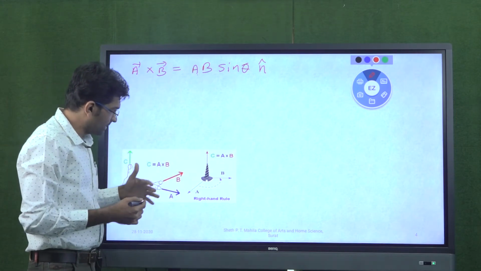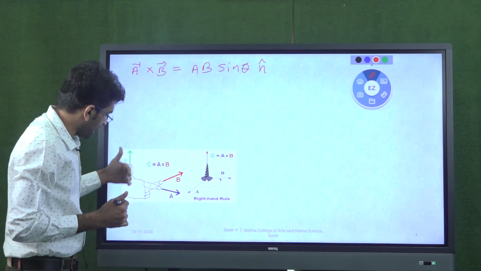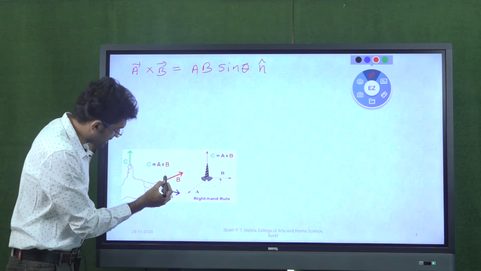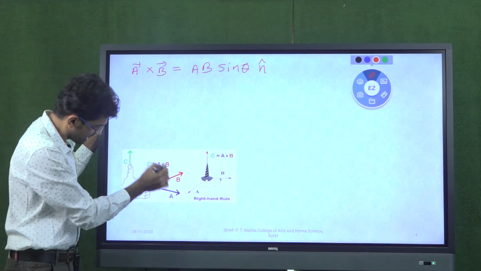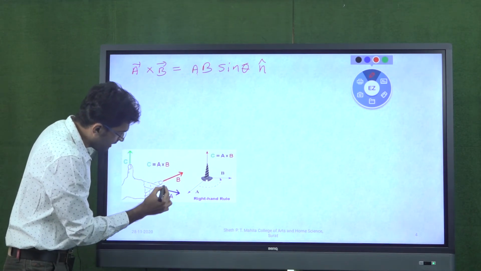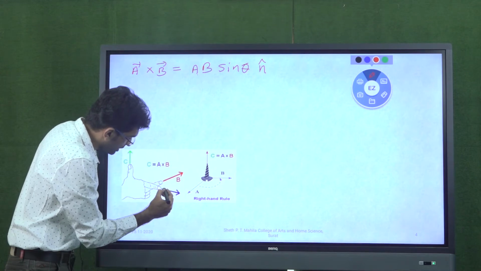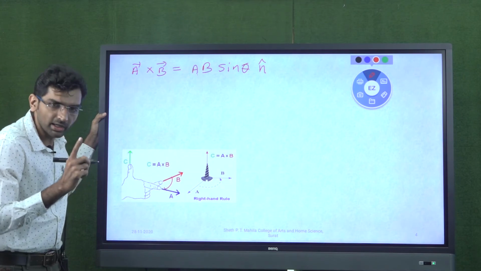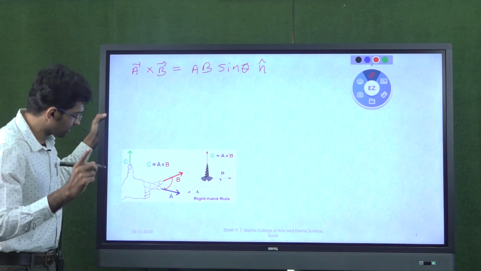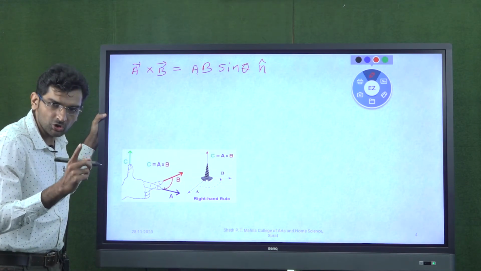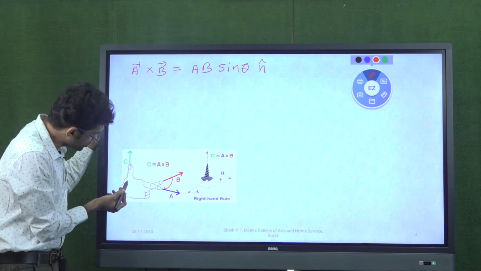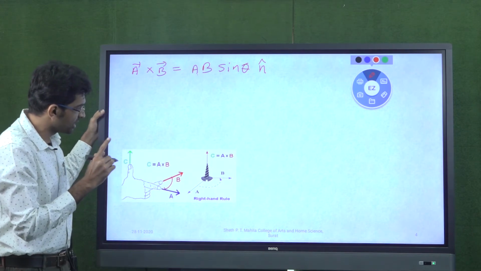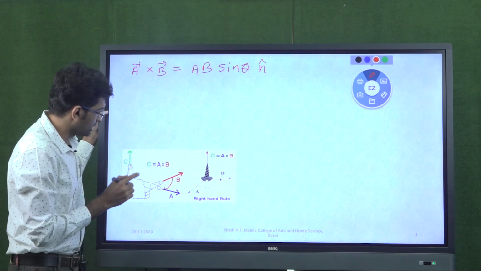If I move the screw as shown in this figure, with vector A and vector B, and if I move this screw in the direction from A to B, that means we want to find out A cross B. Then what will be the direction of A cross B? It will be towards your thumb, right? So that is why it is called the right hand screw rule.